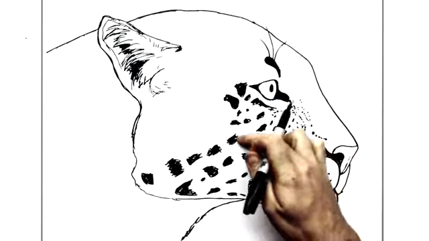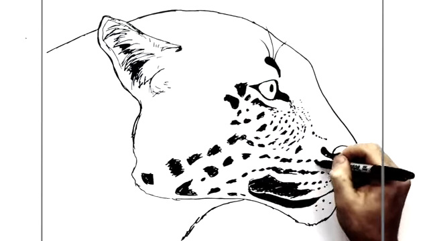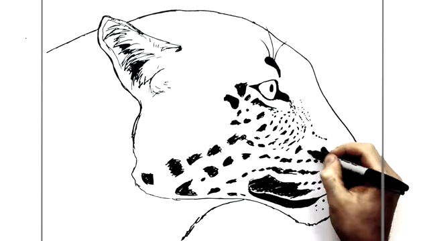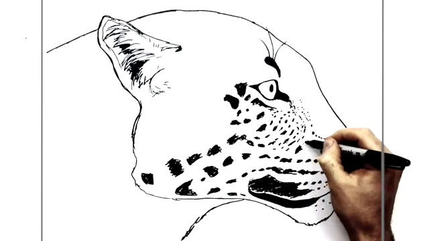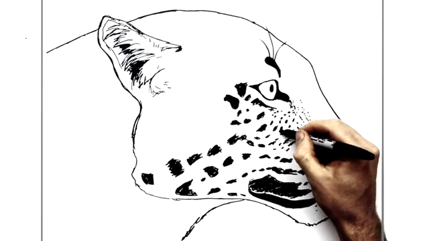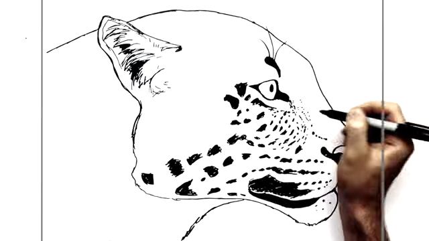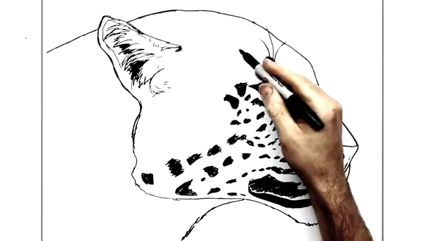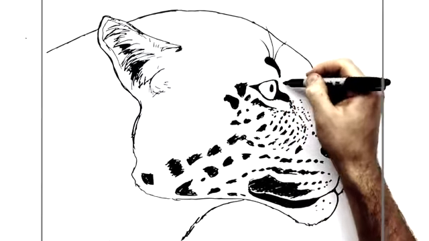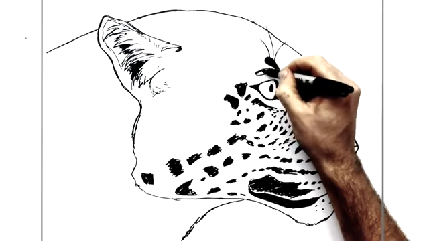So you'll notice as we go more this direction, they get kind of bigger. They're smaller up here. And there's a longer one just on his eyelid, just here.